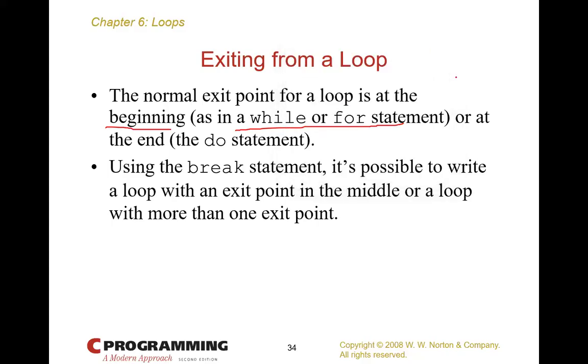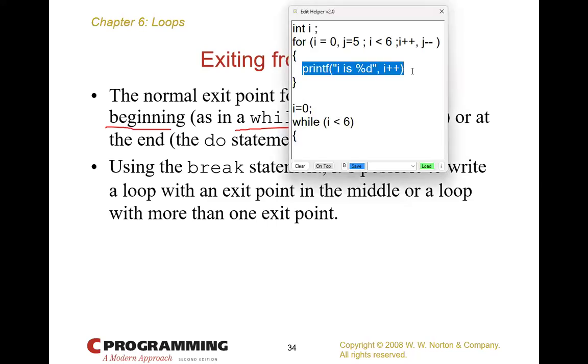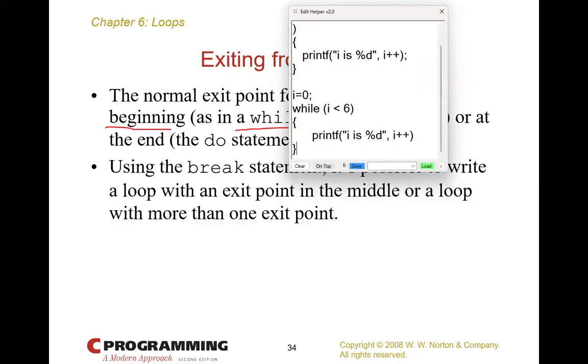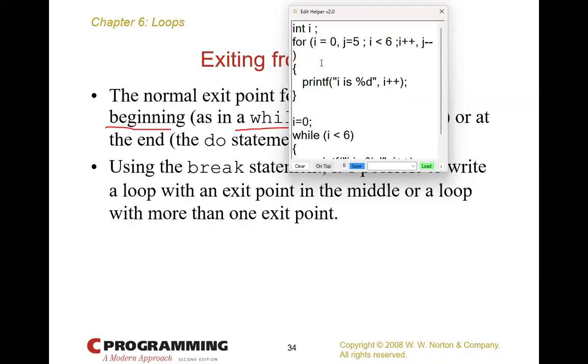Oh, by the way, I didn't close the expression. Okay, so we close the expression. This is the equivalent of the same for loop in while. Here I'm assuming that I have declared i as an integer. So we are just using the value of i. This for loop and this while loop are the same thing.